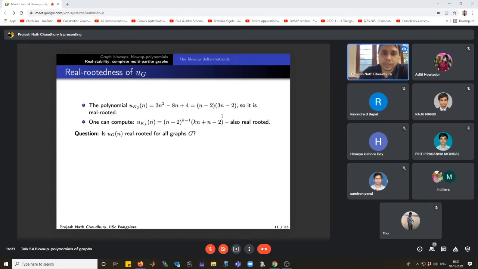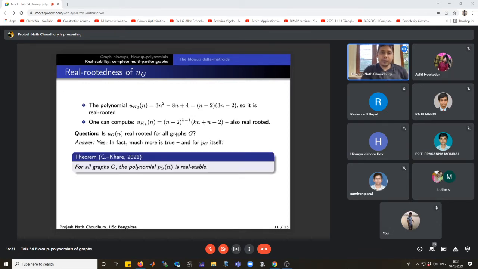One can also take the block of a complete graph, and for this also the univariate polynomial has real roots, and one can verify this. Now the question is, are the roots real for all graphs G? The answer is yes, but in fact much more is true.